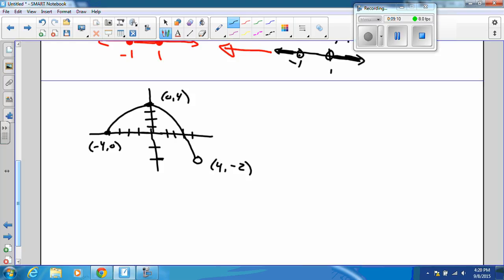However, you can see that the graph does not actually include that very last point. It has a hole there.